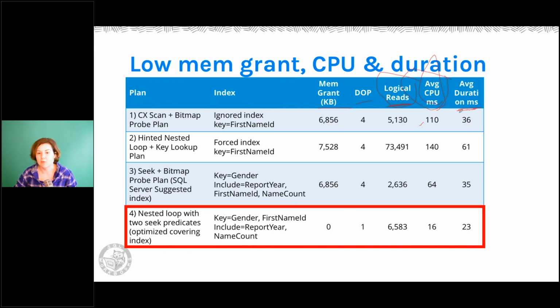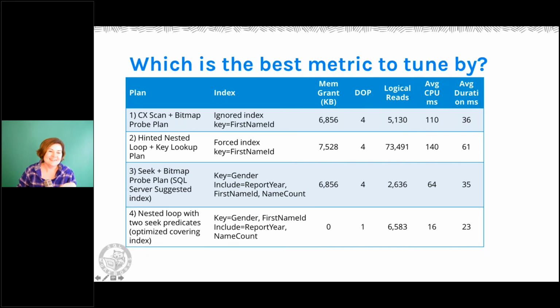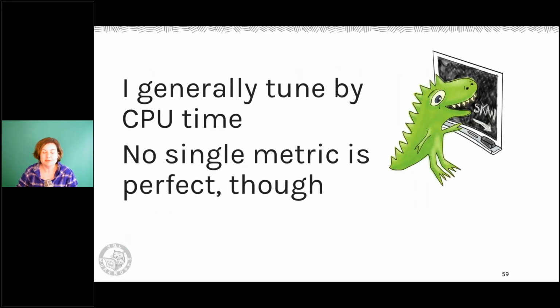And of course, I want to make sure that as it's going lower, I am getting a low duration for my customer. So I don't tune by just one metric. I tune generally by two metrics, really trying to get the duration down in a cheap way. Clear as mud, right? So I generally tune by CPU time, and logical reads will help inform me where I'm doing the most work.